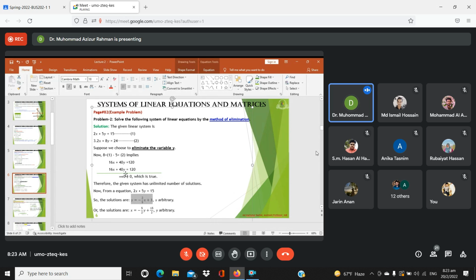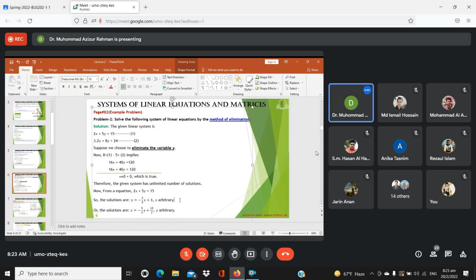Here you can see we have multiple, unlimited solutions. So you can choose any value of x, arbitrary, with no limit, and then you will get the corresponding value of y.